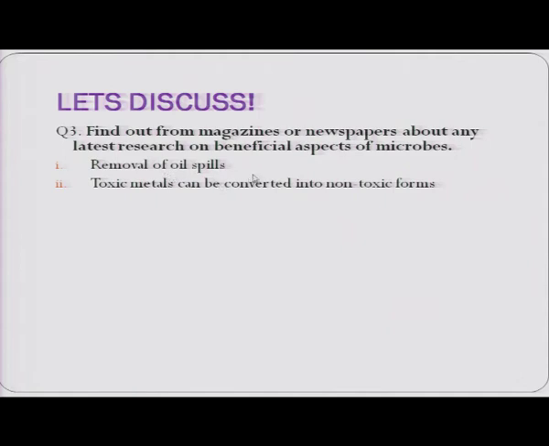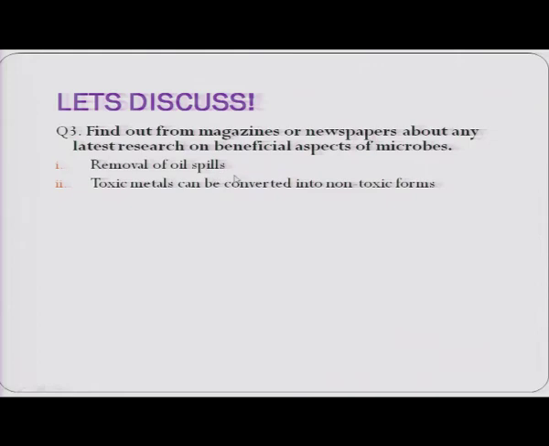What is oil spill? You have heard that when ships carrying oil move through the sea, sometimes there is a spill, sometimes there is leakage in the tankers and the oil gets spilled on the water, and you know that oil floats on the water. It can be very harmful for the aquatic organisms which are living in that water, and in the removal of oil spills, these microorganisms are very helpful.